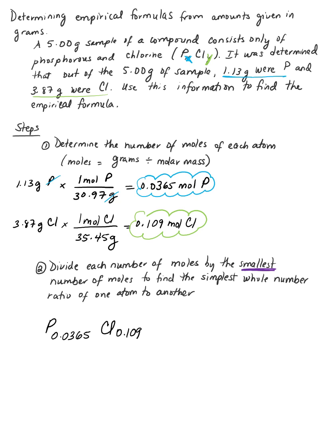So you need to divide both numbers of moles by the smallest number of moles. The smallest one is this 0.0365. So this here is going to give you 1, and then for Cl, when you do 0.109 divided by 0.0365, that's going to give you 2.99.